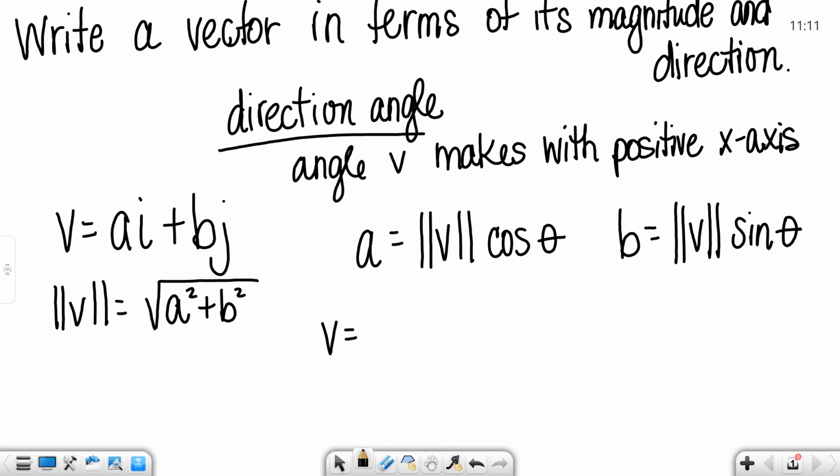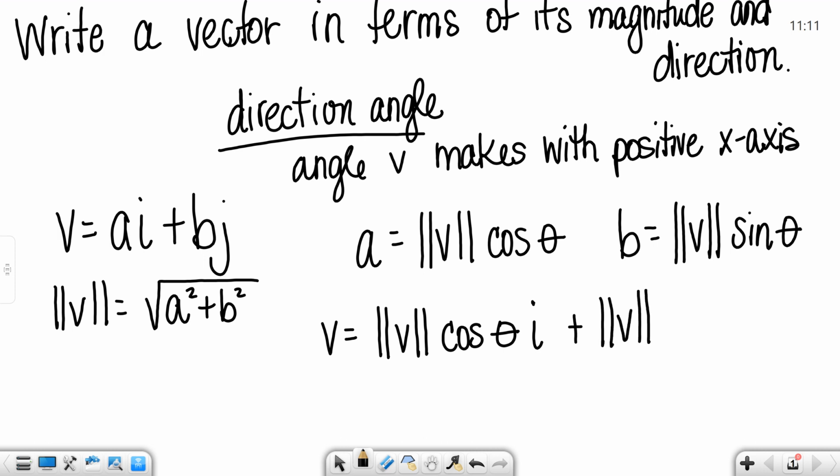So, if we are writing our vector in terms of magnitude and direction, then I'm going to change A to be magnitude of v cosine of theta, i. And then I'm going to change B to be magnitude of v sine of theta, times j.